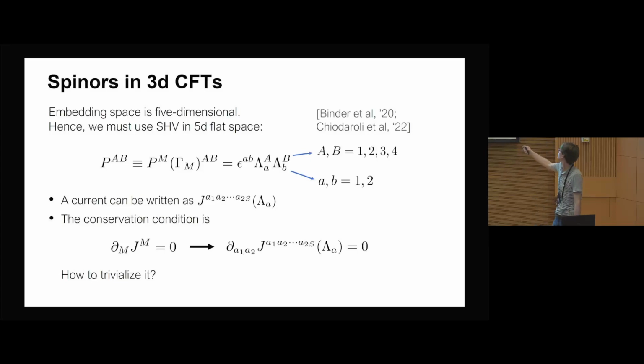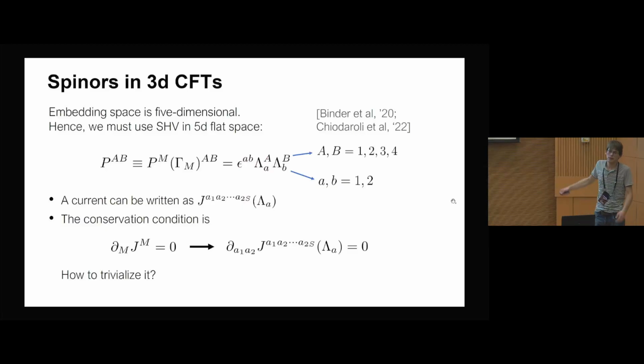There are some references for this, and it basically consists of trading this 5-dimensional position in embedding space for a 4x4 matrix by contracting it with the gamma matrices of Minkowski 5. So we have this antisymmetric 4x4 matrix, and due to the fact that p squares to 0, we can express this 4x4 matrix as a tensor product of these spinors.